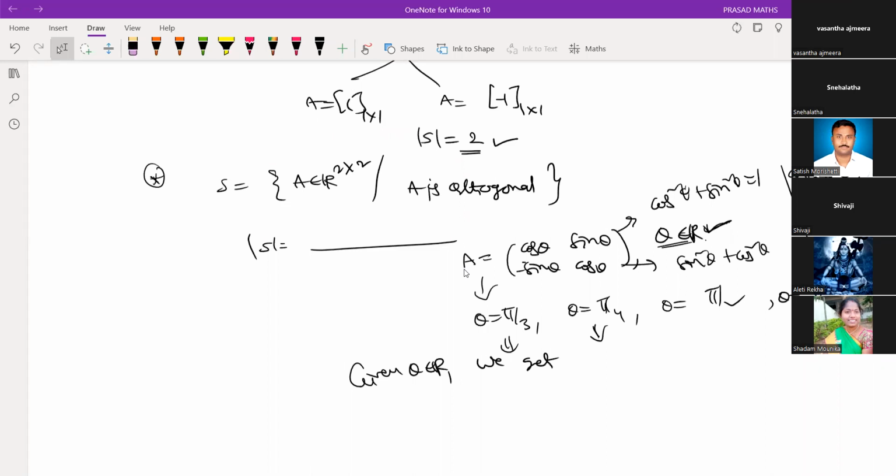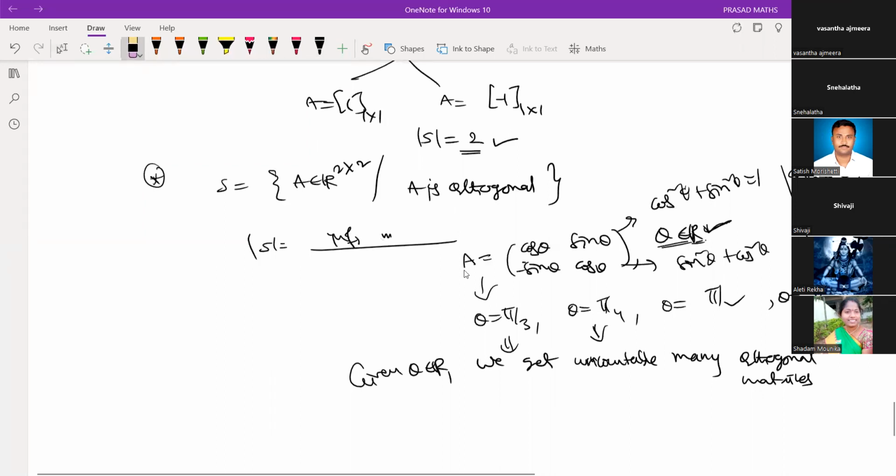Infinite. Uncountably many, because R is uncountable, right? So what is the cardinality? Continuum. That means it is infinite, or continuum.